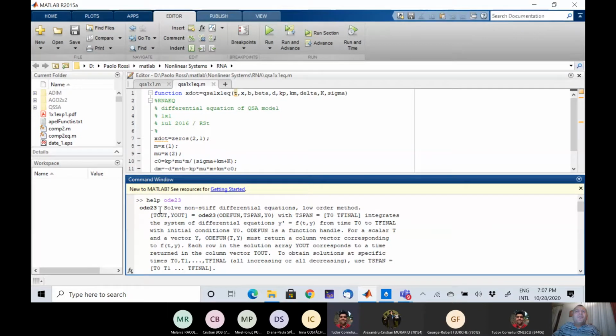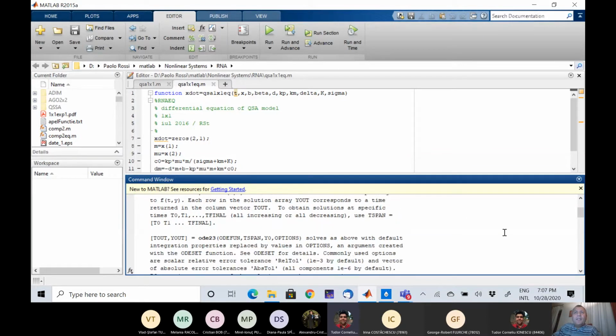There are routines of different orders, depending on the type of approximation one does for the function, for the vector field, which describes the system. And you have either this ODE23 routine, and I will explain on the example what the parameters which enter into the routine are and what the parameters which go out of the routine are.